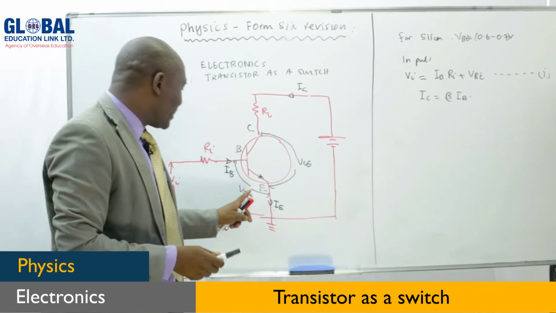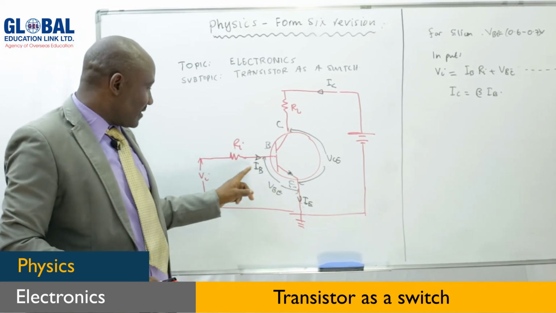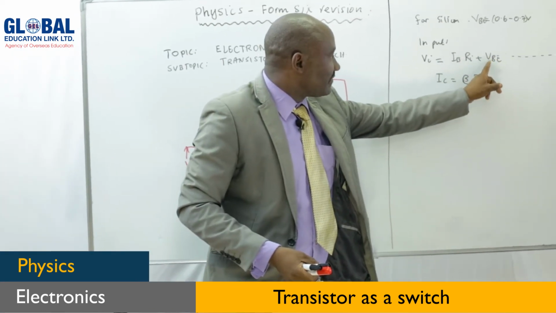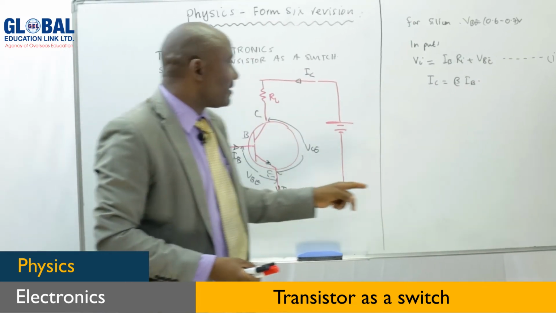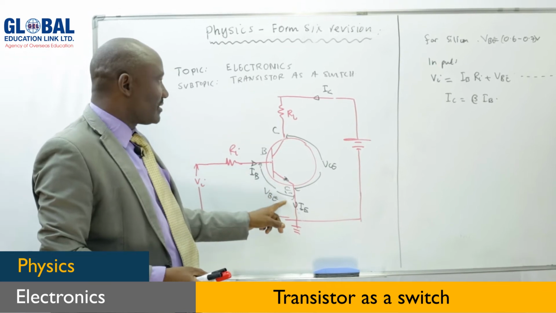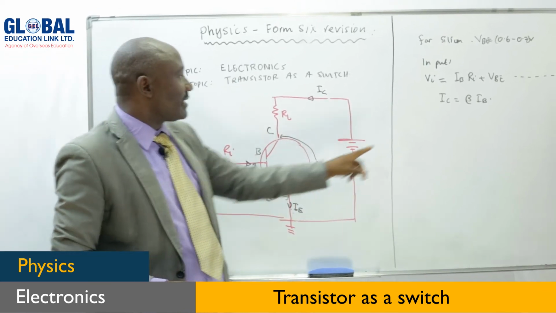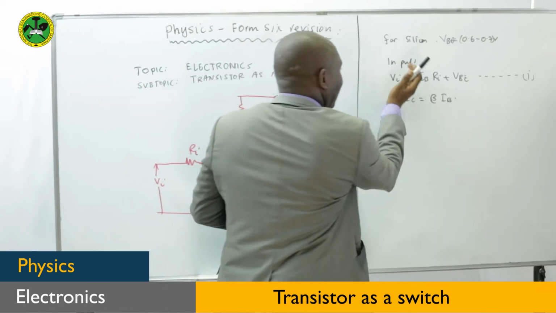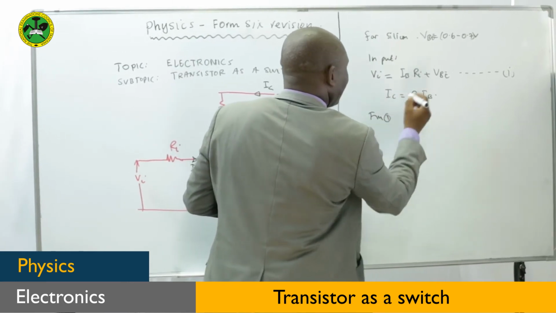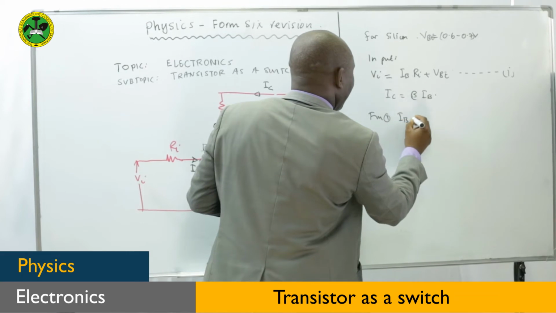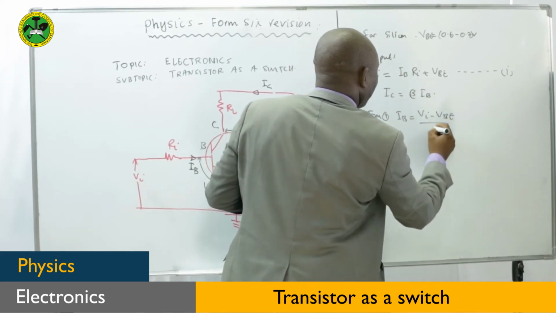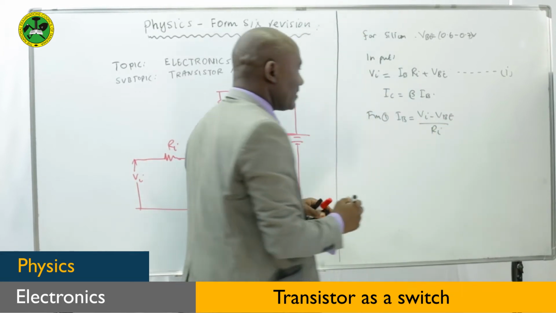In order for the base current to flow here, you must overcome this. Sometimes this VBE is 0.7, so the applied voltage should be greater than that voltage. Otherwise, we don't have the current. So from equation 1, the base current will be given by VI minus VBE over R, where R is the input resistance.